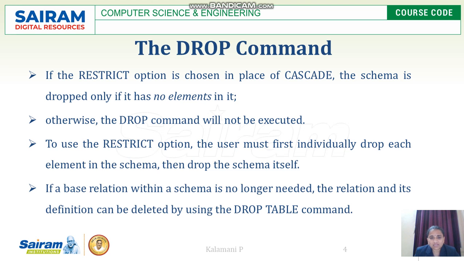Otherwise the drop command will not be executed. With the restrict option, the user must first individually drop each element in the schema, then drop the schema itself. First we should drop all the attributes present in the tables, then drop the tables, and only then will the schema be dropped.